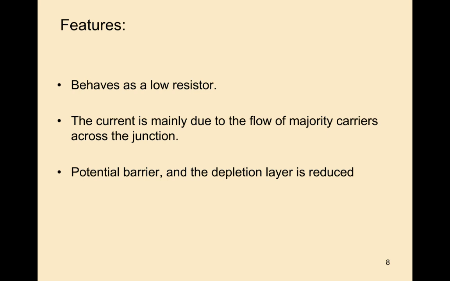So when we connect a diode in forward biased connection, the diode behaves like a low resistor, the current is mainly due to the majority charge carriers, and the potential barrier and depletion region widths are reduced. These are the main features when a diode is connected in forward biased mode.